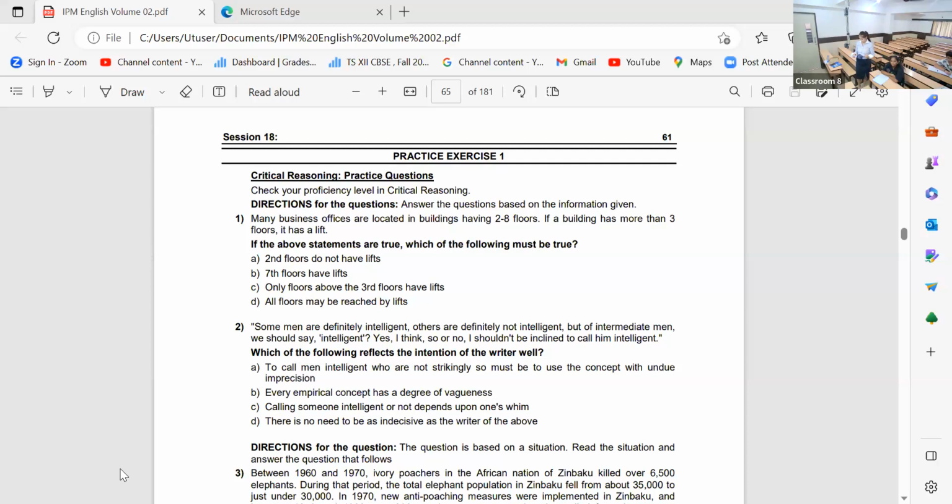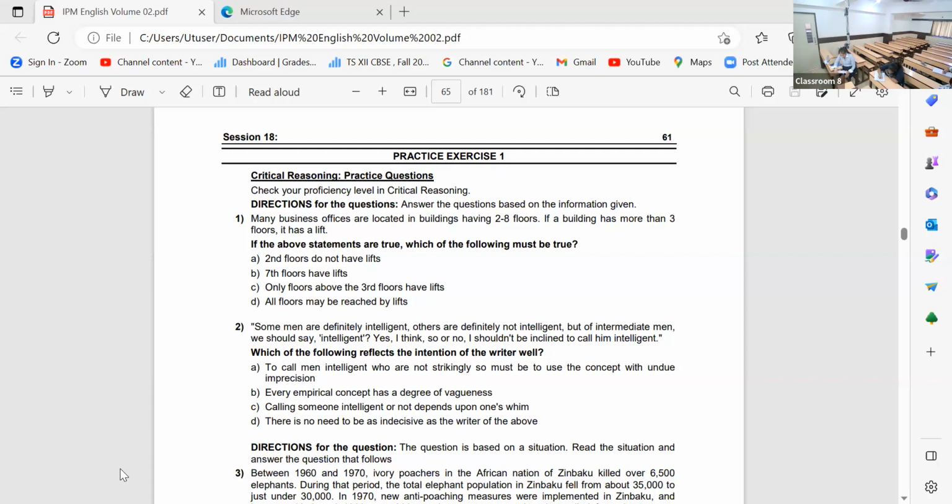Rahul? Ma'am, I think option A. To call men intelligent were not striking, this must be used the concept of undue increase. Okay. Because the second, third, fourth cannot be there because it has some vagueness. Fine, perfect.